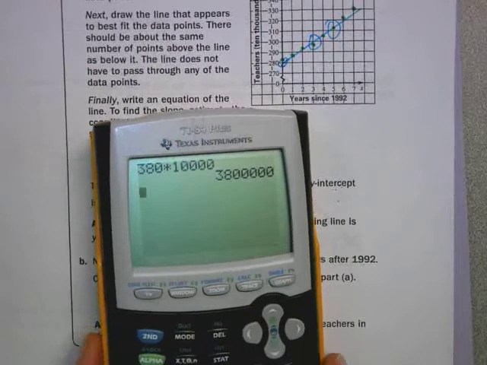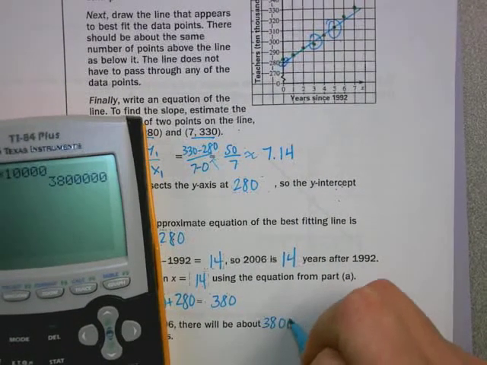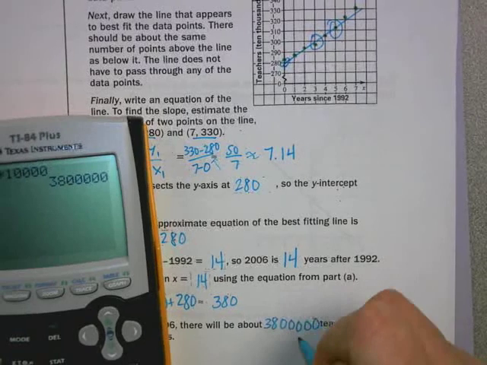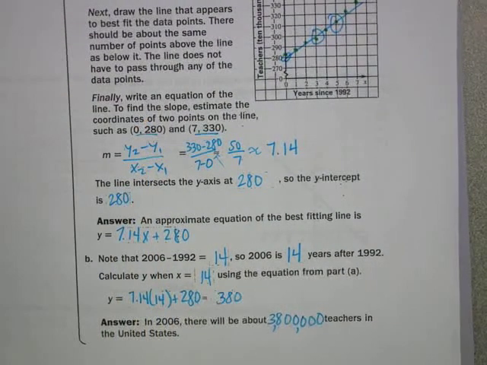We plug in our commas, it's easier to read. 3,800,000 teachers in the United States. Obviously, there wouldn't be 38 teachers, and there wouldn't be 380 teachers or 38,000 teachers. So that's how you use a line of best fit to predict.